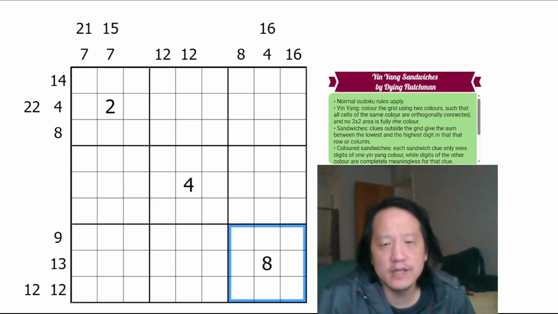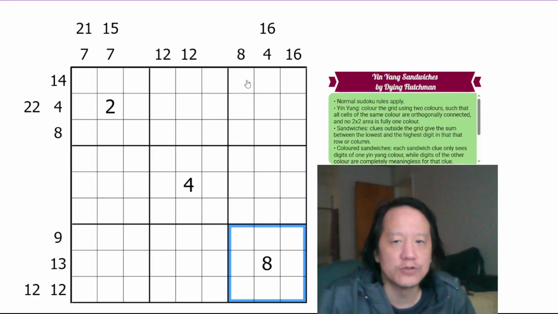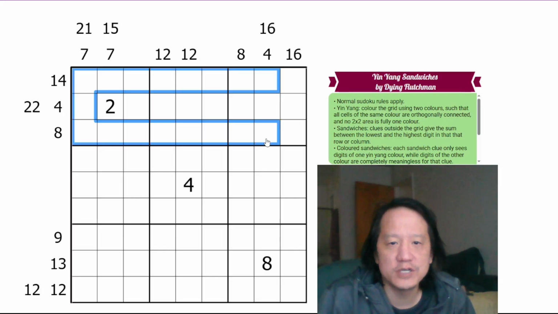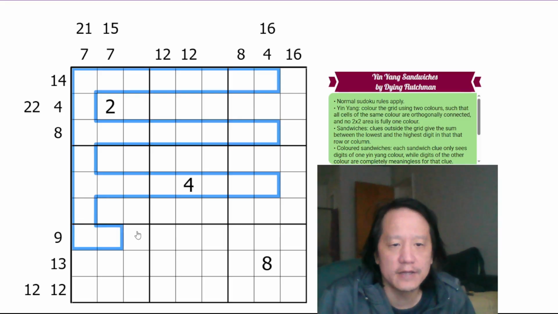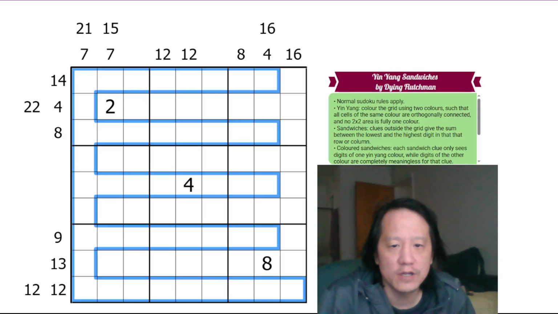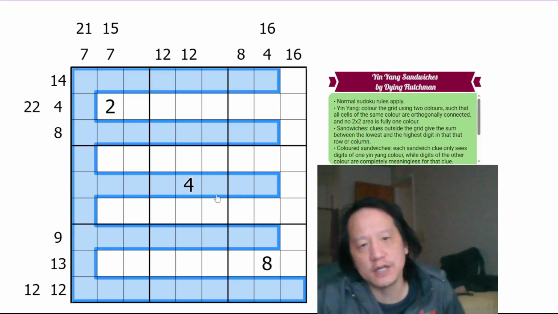We have yin yang, where we need to color the grid using two colors such that all cells of the same color are orthogonally connected, and no 2x2 area is fully one color. So this would be an example of a valid yin-yang shading.